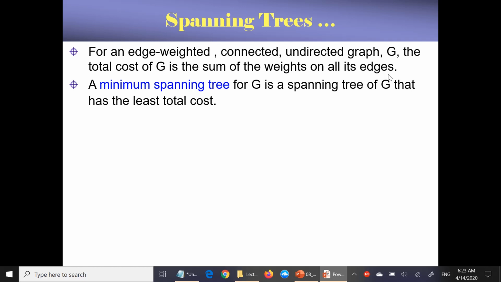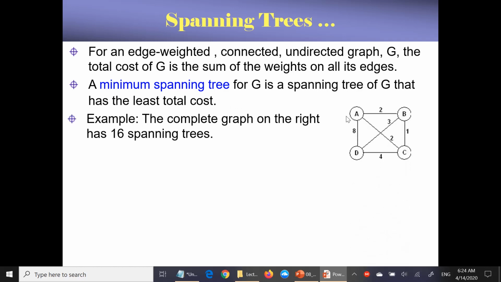Now we want to try and reduce that cost by computing what is called minimum spanning tree. So a minimum spanning tree for a graph G is a spanning tree for G that has the least total cost. For example, consider this complete graph.